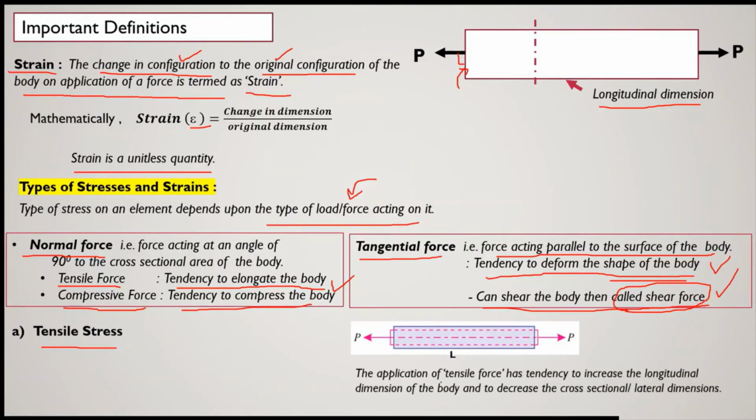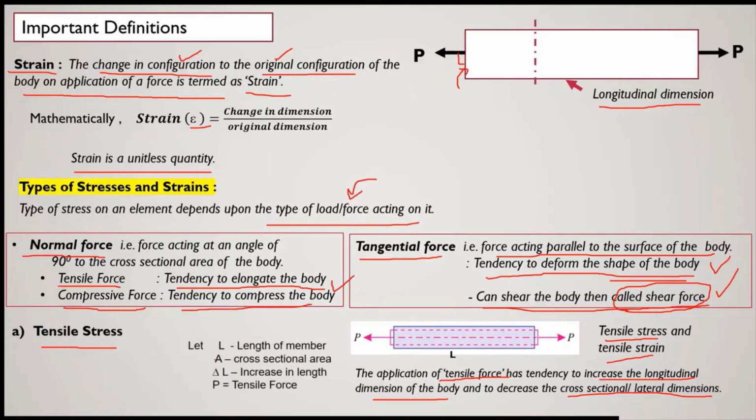Now the application of tensile force has tendency to increase the longitudinal dimension of the body and to decrease the cross section, or you can say lateral dimension. So when tensile force is acting on a body, then tensile stress and tensile strain can develop.